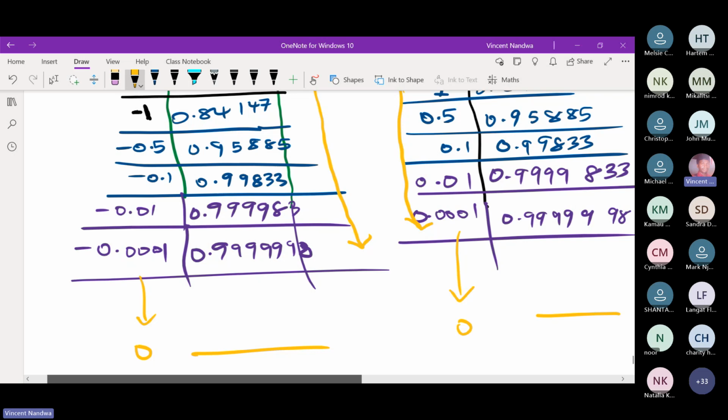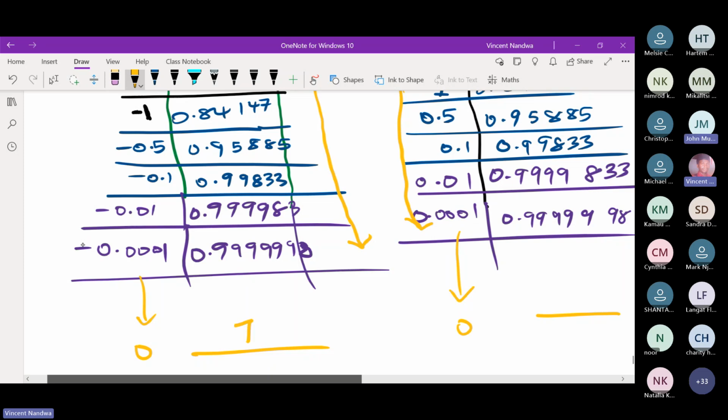Don't disappoint your high school math teacher. We are approaching 1. As we make these x values smaller towards 0, we'll be getting 0.999999999, which when you round off, we see all the numbers are converging towards the number 1 for f of x, both from the left and from the right.